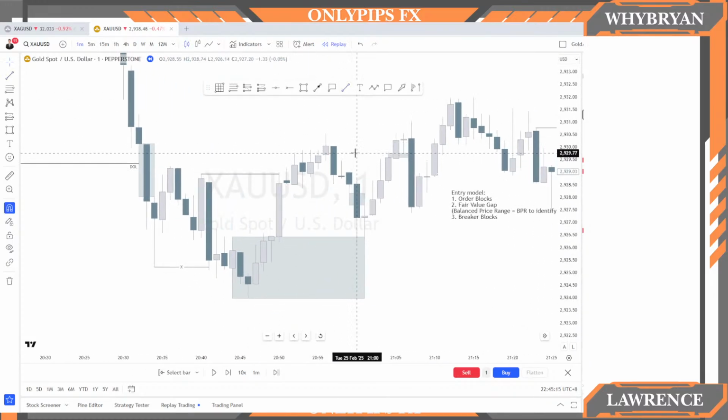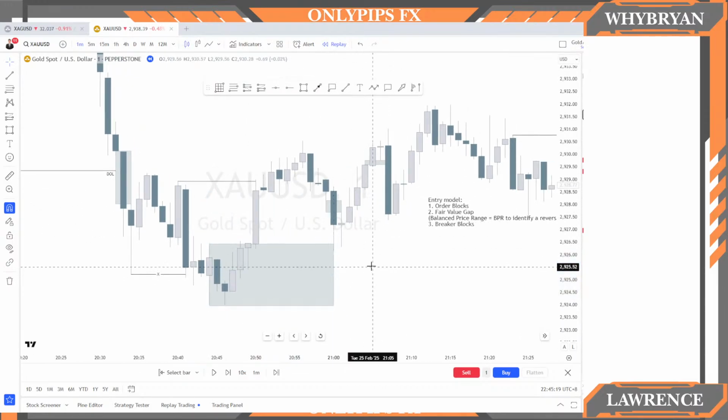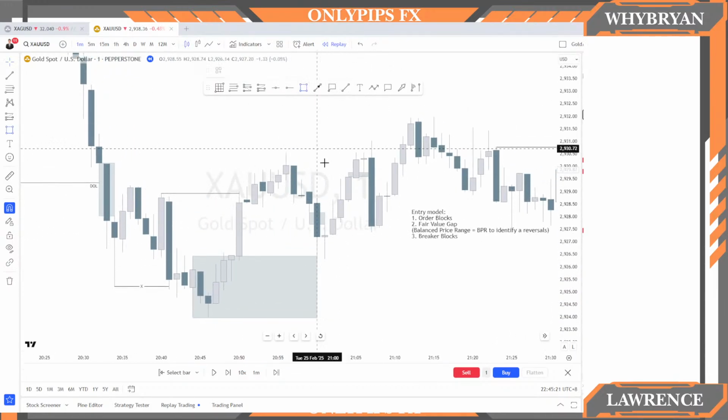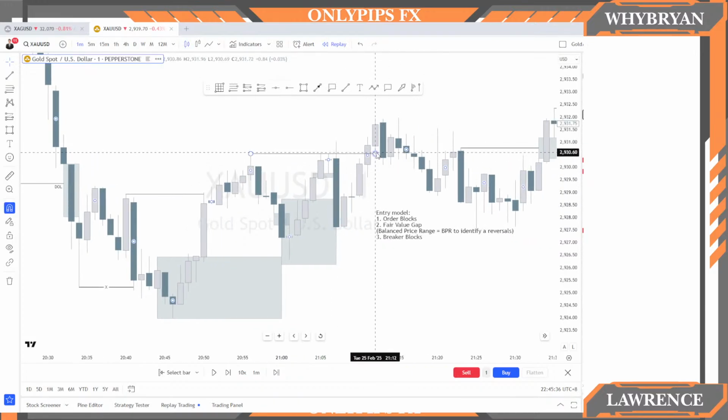Another example, from here you have this respecting candle. This is the OB. Where is the breaker? Here. Did the price close above here? No. So the price just broke here, aligned with a fair value gap.